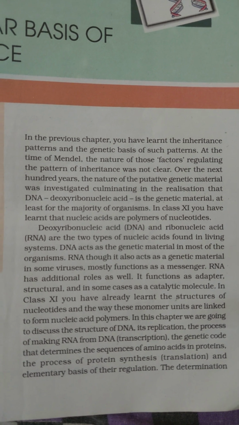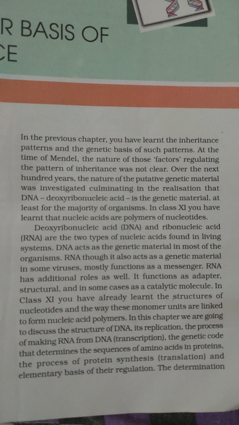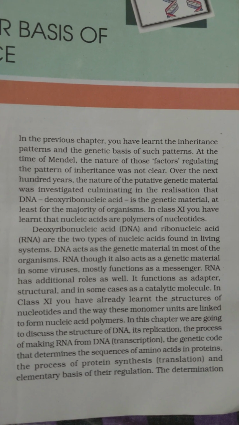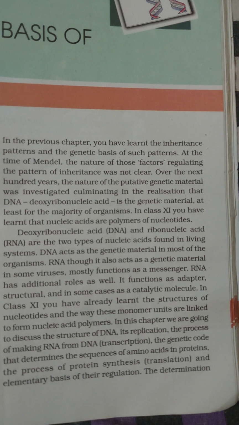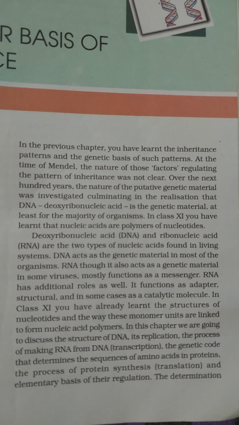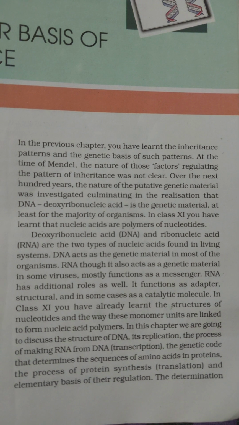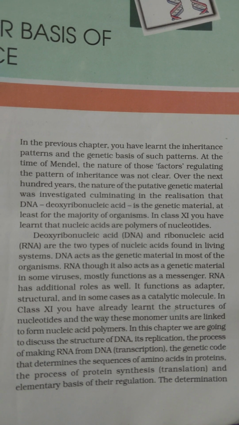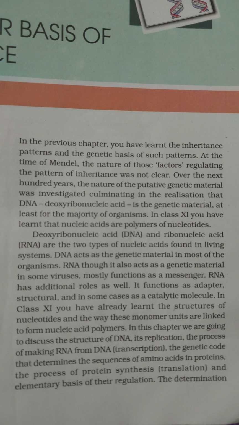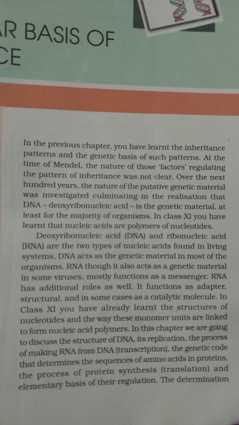At the time of Mendel, the nature of those factors regulating the pattern of inheritance was not clear. Over the next 100 years, the nature of the putative genetic material was investigated, culminating in the realization that DNA, deoxyribonucleic acid, is the genetic material, at least for the majority of organisms.